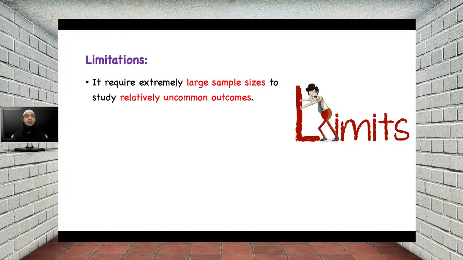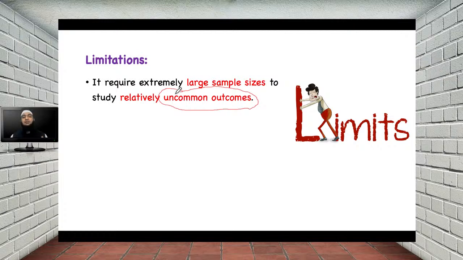The first limitation is that it requires an extremely large sample size to study a relatively uncommon outcome. Do remember that an uncommon outcome is not seen in every patient. For example, with penicillin, skin rashes are not seen in all patients. They are seen only in those patients who have an allergy to penicillin.